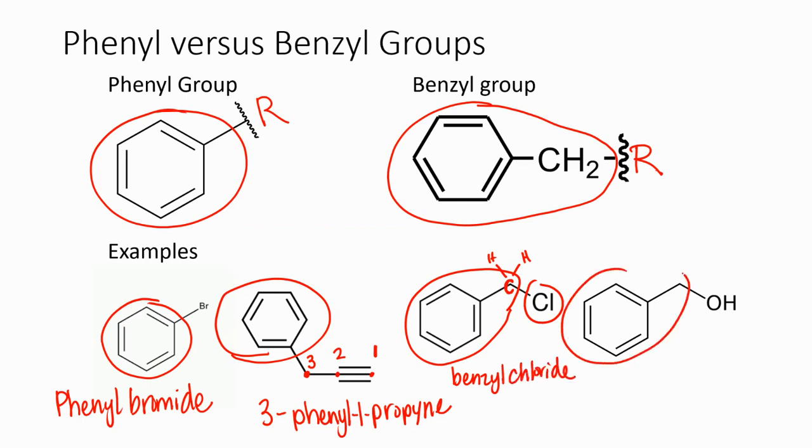Same thing here, we can call this a benzyl group and call it benzyl alcohol. So what's interesting here is that benzyl for a name is actually a group that's got a benzene ring and another carbon on it. And just the benzene ring alone is a phenyl group.